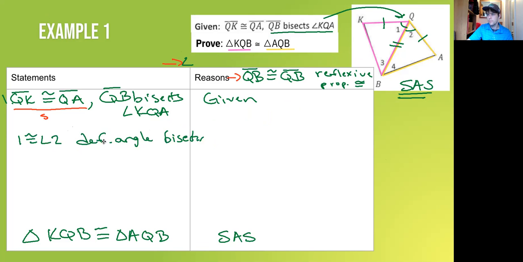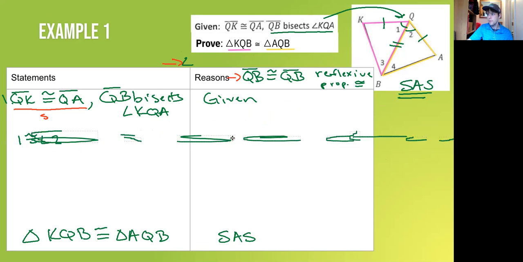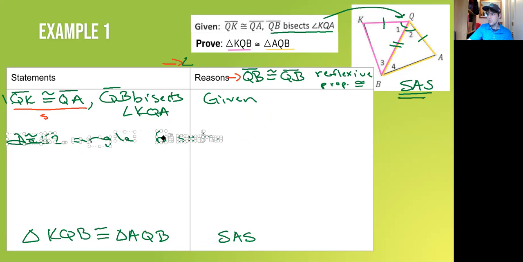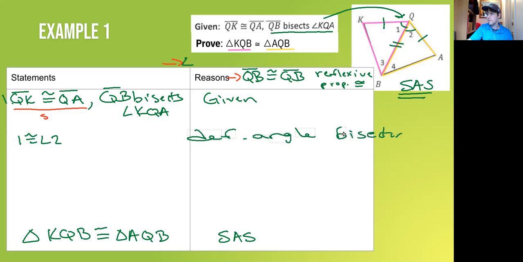Okay. Definition of angle bisector. That's my reason. Made it a little bigger, but okay. Just going to go with it. So that's my second one. That is my angle pair for SAS. My angles here.